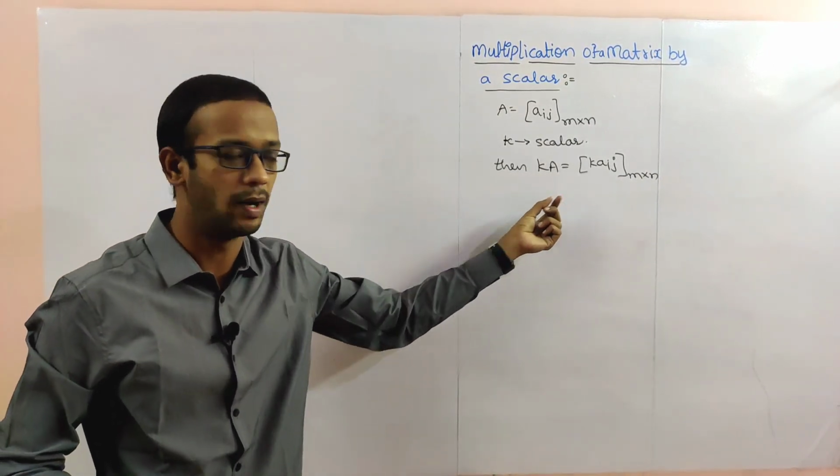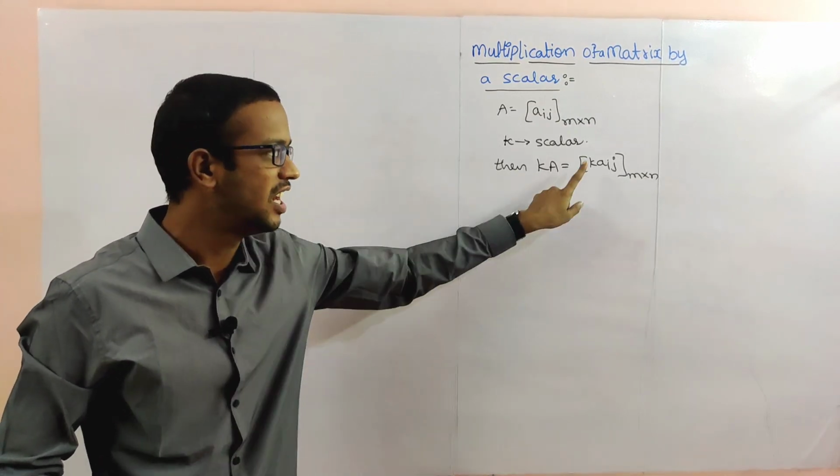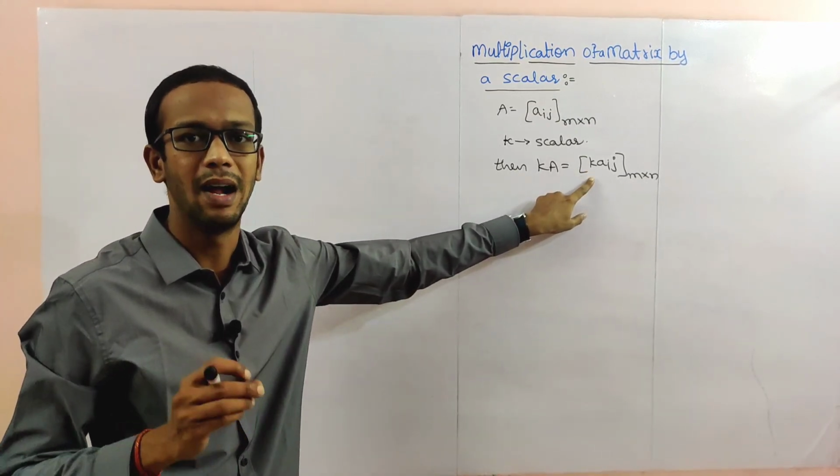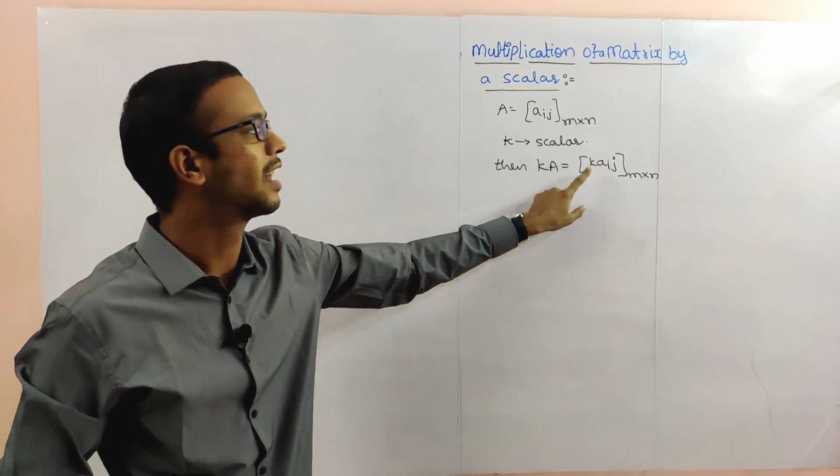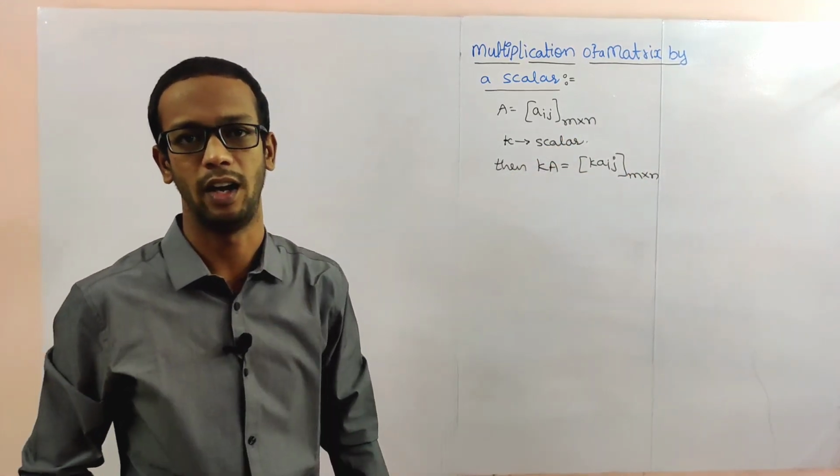Each and every element, A ij means elements, must be multiplied with that constant. The result is also the same order matrix.